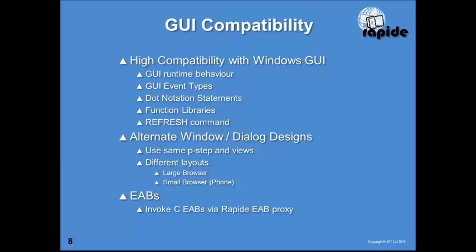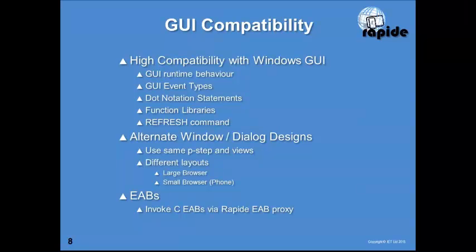And one of the innovations we introduced in Rapide was the ability to provide different layouts for different form factors. So you can use the same procedure step and views and have multiple user interface designs where you're catering for fundamentally different sizes of screens. For example, large browser versus small browser.